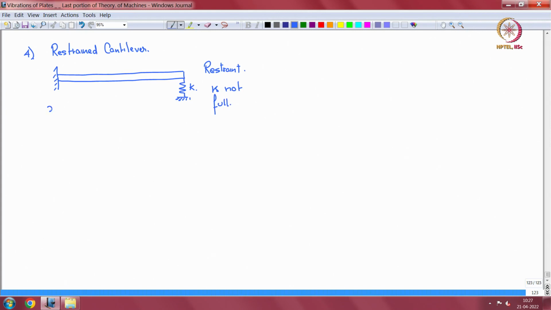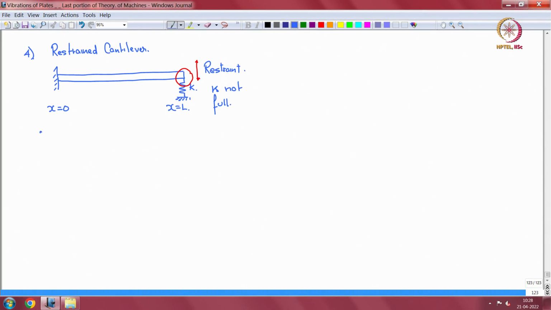This is x equal to 0 and this is x equal to L. Now this spring will apply a force, up or down, whatever. But that is a force condition, which is a natural boundary condition, so we don't have to worry about that.